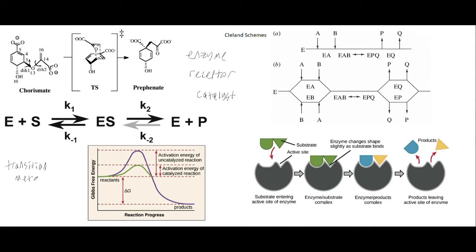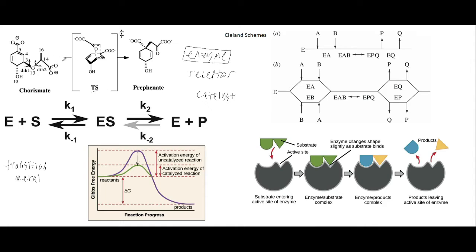But in biochemistry, we are going to be talking almost exclusively about enzymes. And so, like I said before, what happens in an enzyme catalysis is it reduces the activation energy. So what's happening is it's stabilizing the transition state.